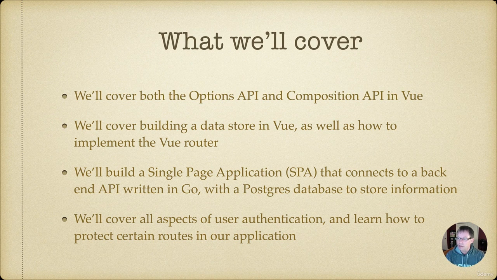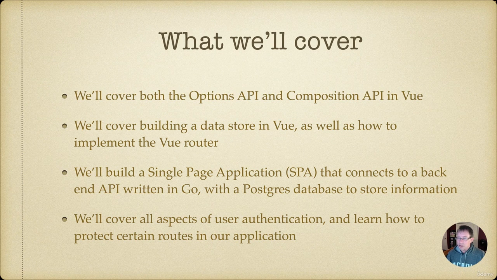And it's relatively new, but it's also extremely powerful. And I suspect that over time, it will become the default API used by developers around the world. But since there are millions of lines of code written in the Options API, that's where we'll start. And later on in the course, we'll actually take our application and convert parts of it to use the Composition API. So by the time you finish this course, you'll know how to use both.